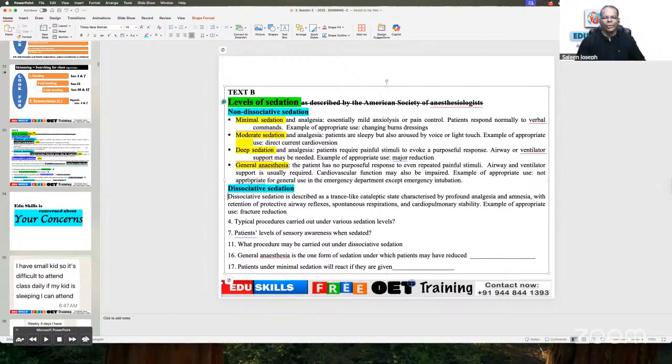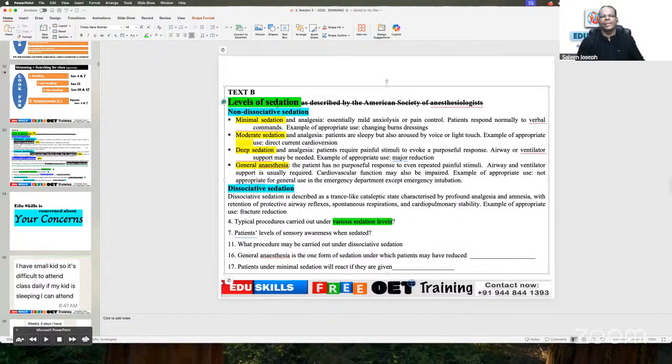Now come here, typical procedures. For 4 and 7, you have to just identify the clue to find it in this paragraph. Typical procedures carried out under various sedation levels. Where is the clue? You need not go till general anesthesia.